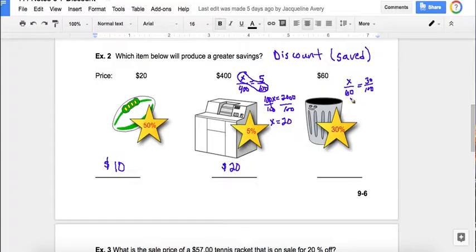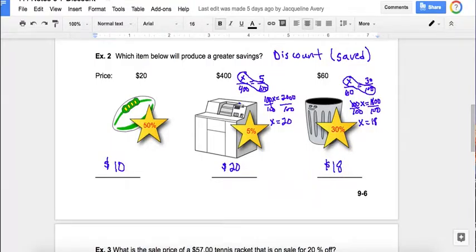So the cost of the trash can is the whole here. So 100 times x is 100x. 30 times 60 is 1,800. Divide by 100. And the savings here, or the discount, is $18.